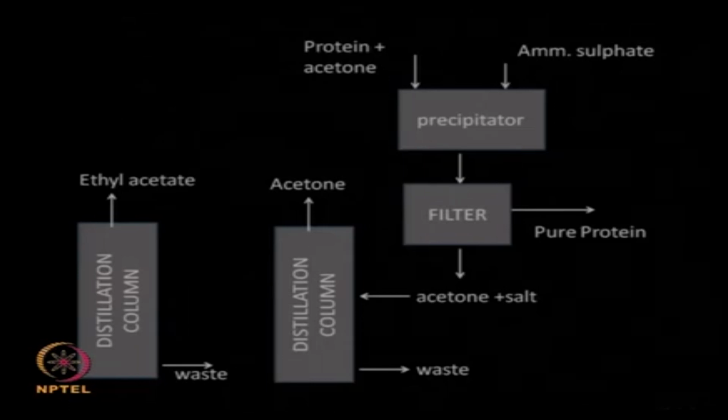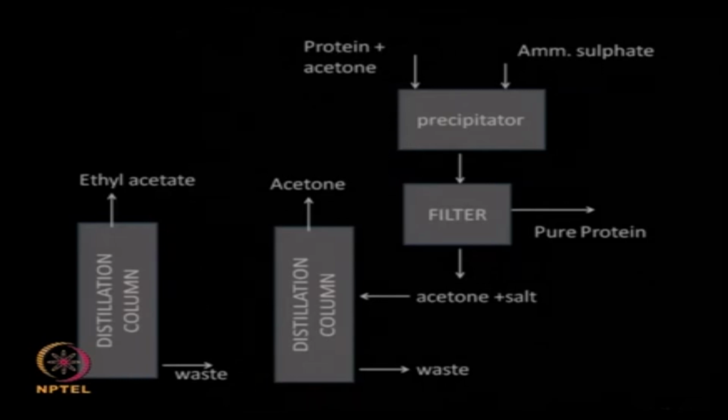But please remember, just because I have drawn one flow sheet does not mean this is how it needs to be done. You can always think in a different way and you may be able to come up with a different flow sheet. You may have different sets of unit operations being performed. So one can think about different ways of recovering the protein using different techniques.